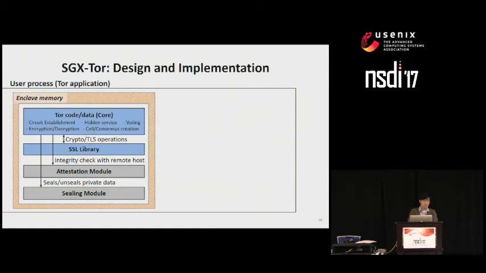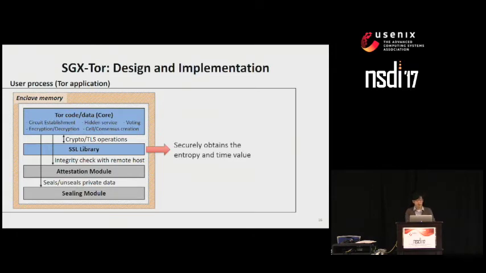Here is the design and implementation of SGX-Tor. In the figure, the blue-colored boxes mean components modified from existing Tor, and the gray-colored boxes mean newly added components. We built a careful design to address several issues raised by leveraging SGX on Tor. The enclave memory of SGX-Tor consists of Tor core operations and an SSL library for crypto and TLS communication.